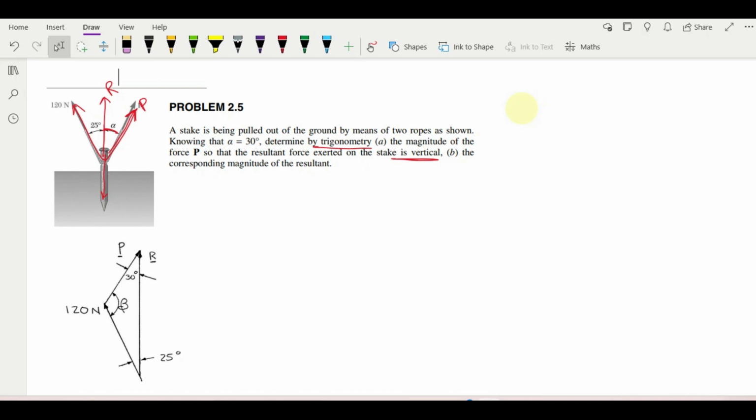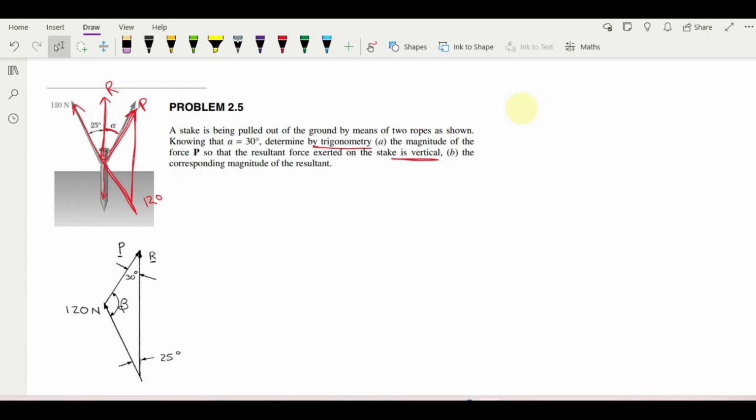Now draw a free body diagram. Let's say this 120 Newton force is acting on this line. This is 120 Newton. And this resultant force R, we can write here.